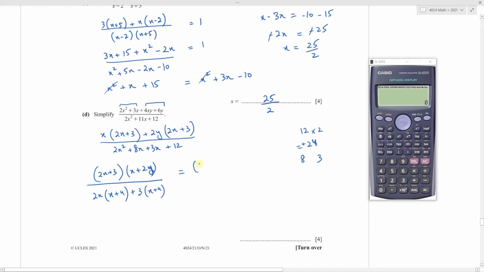So this will be numerator as it is. And then in the denominator, x plus 4 common times 2x plus 3. So this 2x plus 3 cancels with this. So I'm left with x plus 2y over x plus 4. So this is the simplified version, x plus 2y over x plus 4.